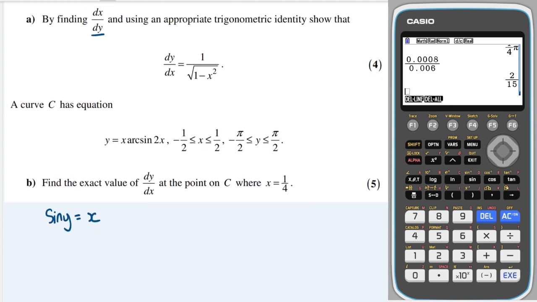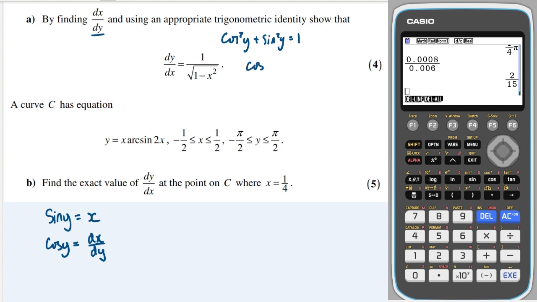Next, we're going to do what they say and differentiate with respect to y. So this is going to give me cos y, and this is going to give me dx by dy. Okay, great. An appropriate trigonometric identity is that cos squared y plus sine squared y is equal to 1.